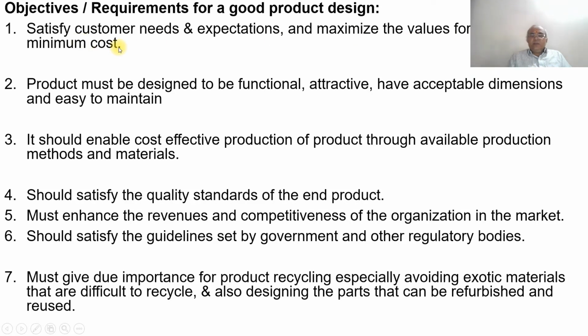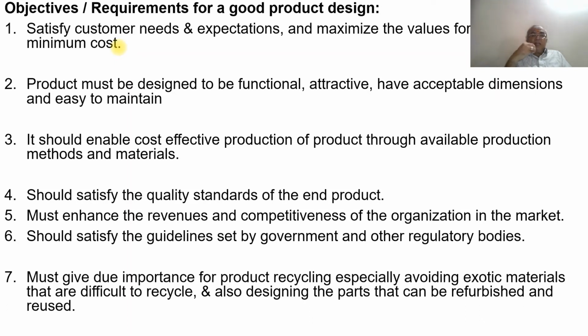So when you want to develop a product, the main aspect in product design is that it should be able to satisfy the customer's needs. That means the functionality required by the customer for that particular product, we need to satisfy, along with their expectations. And all those things we should be able to get within the minimum cost. So that is the main criteria for a good product design.